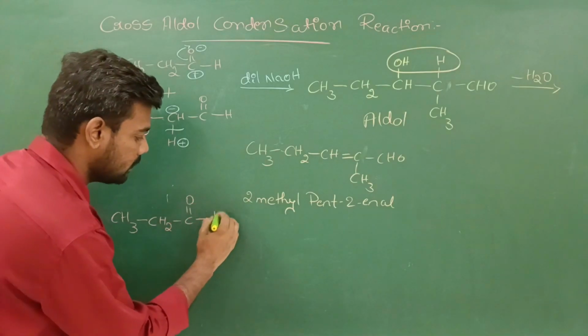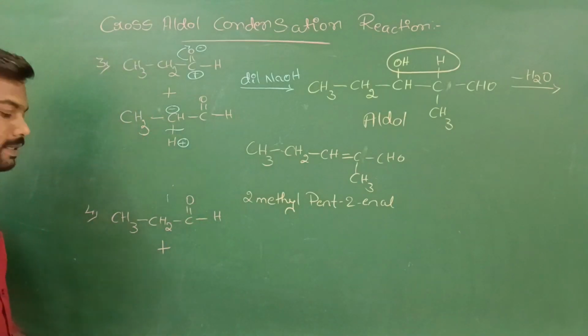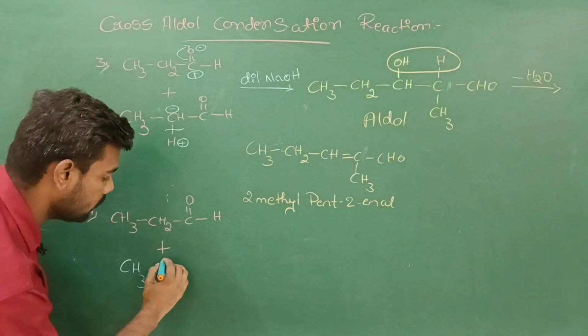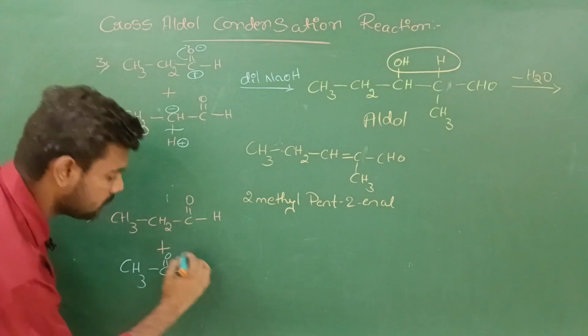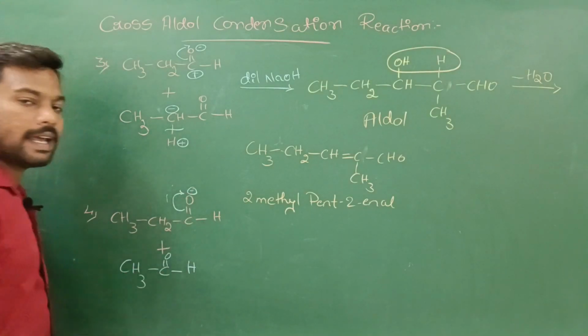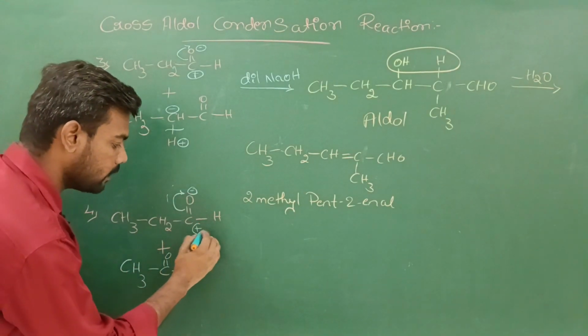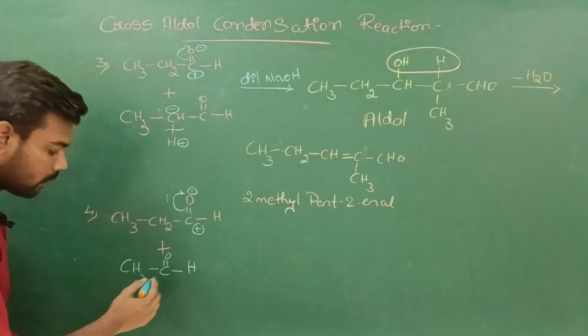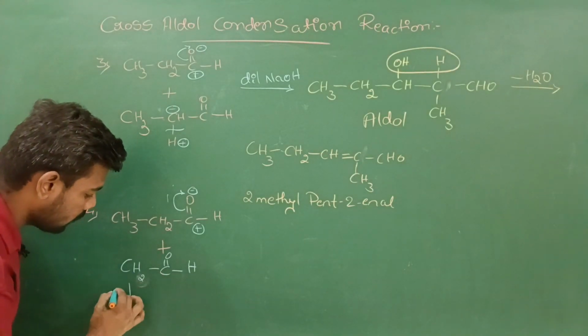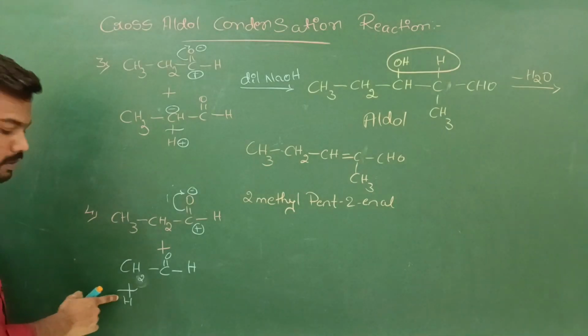Next, the last one is B plus E, that is propanal reacting with ethanal. Here, the oxygen atom will carry a negative charge and the carbon atom will carry a positive charge. See here, this is the alpha hydrogen. The bond between the carbon atom and the hydrogen atom will break.